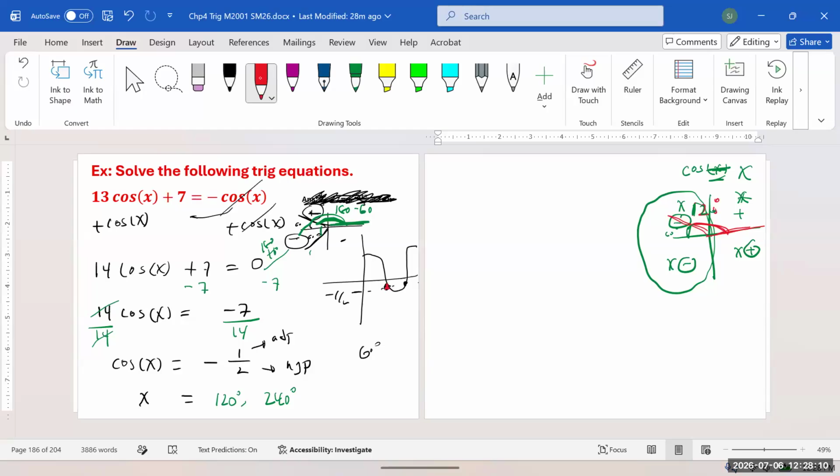But we have another solution. So we go from 0 degree all the way to another 60 degrees here. This blue angle is 180 degrees plus the 60 degrees. So we have 240 degrees. So two solutions, 120, 240.